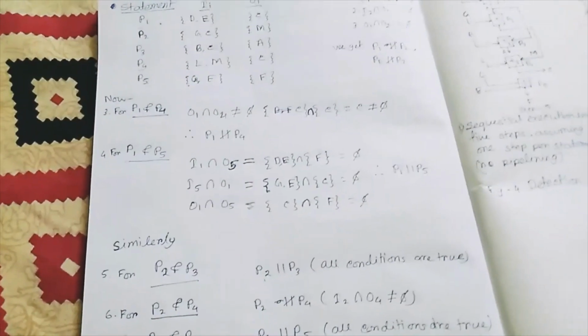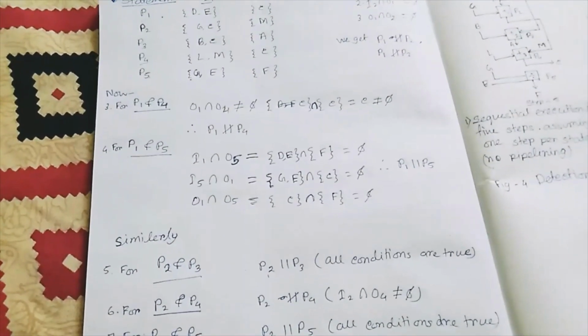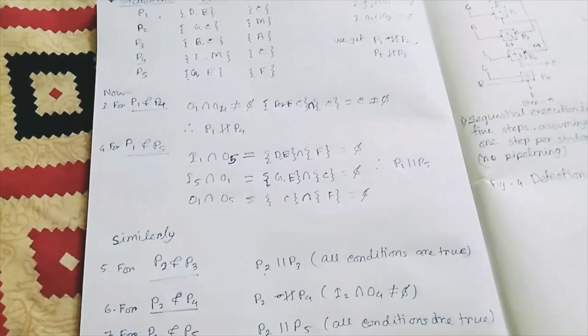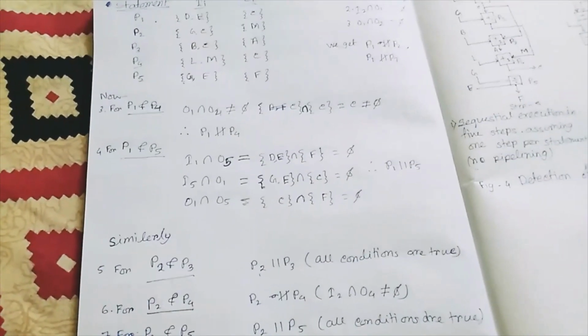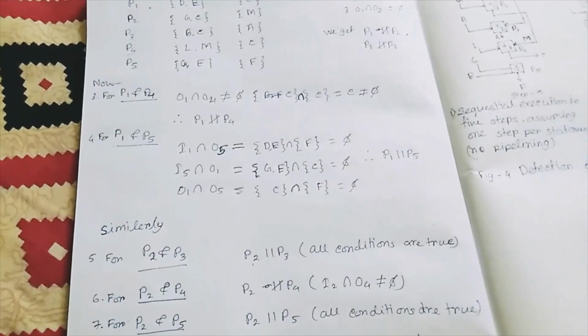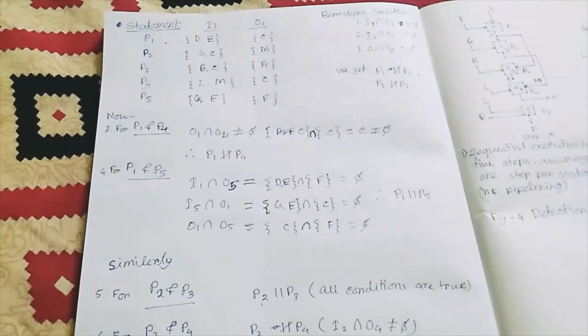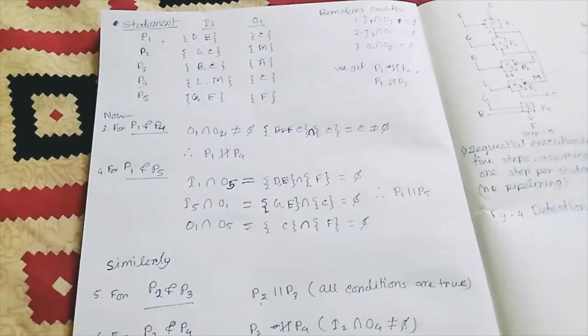P3 and P4 are not parallel because I3 intersection O4 is not null. P3 and P5 are parallel because all conditions are true, and P4 and P5 are parallel, all conditions are true.